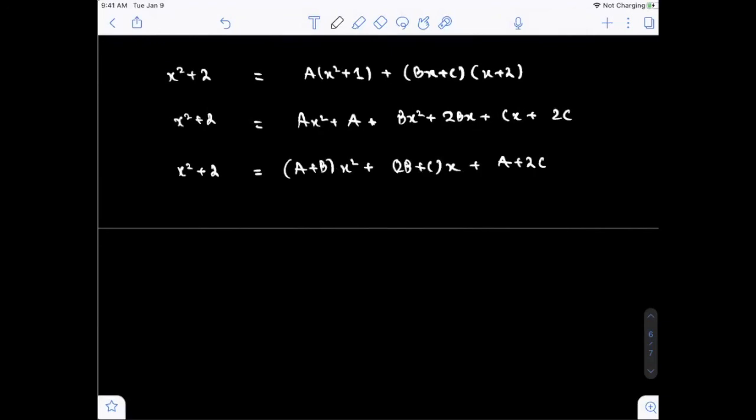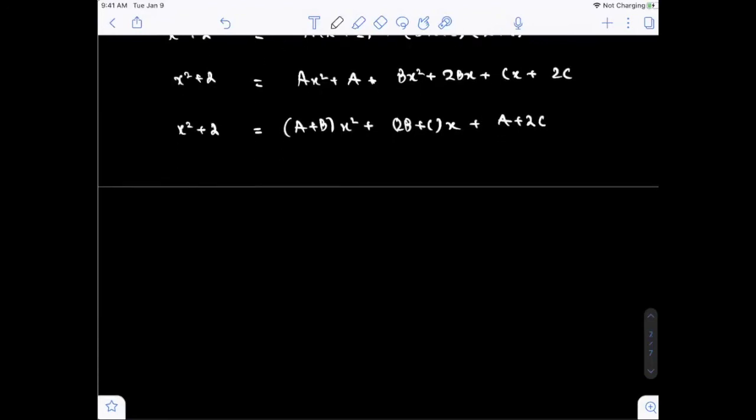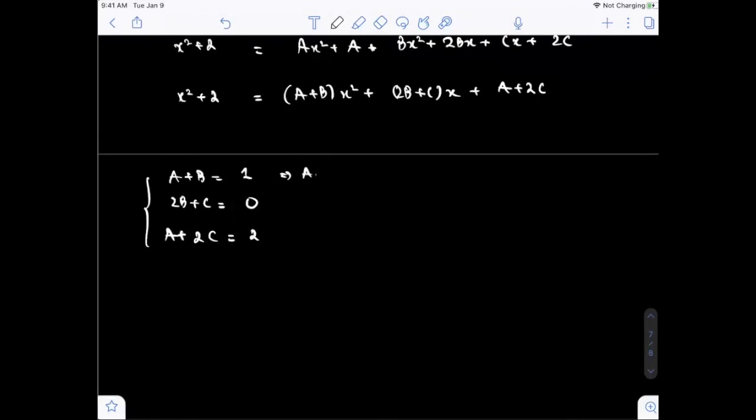Right. Now you match the coefficients on both sides of the equation. I'm going to skip the formality and just write A plus B equal to 1, 2B plus C equal to 0, and A plus 2C equal to 2. From here, you can solve for A, which is equal to 1 minus B, and C is equal to negative 2B.